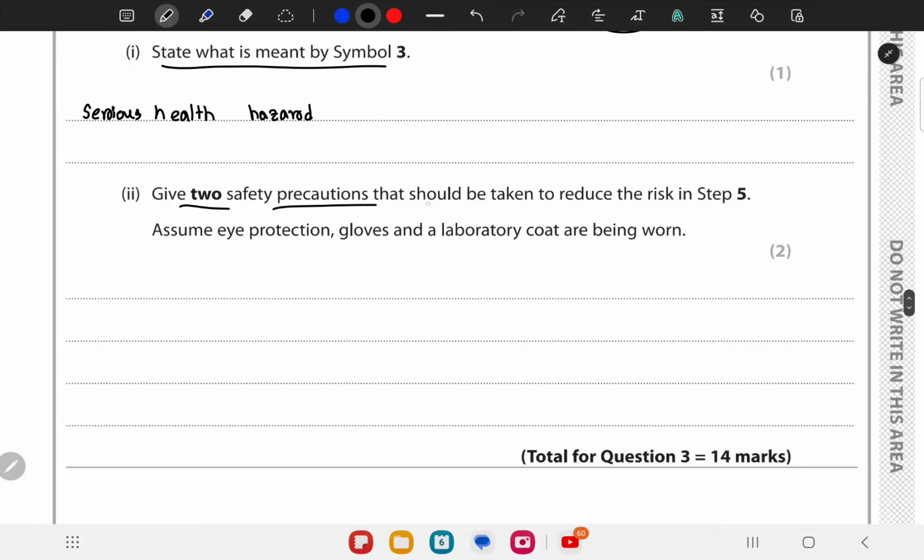Now we have to give 2 safety precautions that could be taken to reduce the risk in step 5, assuming we have eye protection, gloves and laboratory coats. Since dangerous fumes are being produced, we should carry it out in a fume hood. Carry out the reaction in a fume hood.